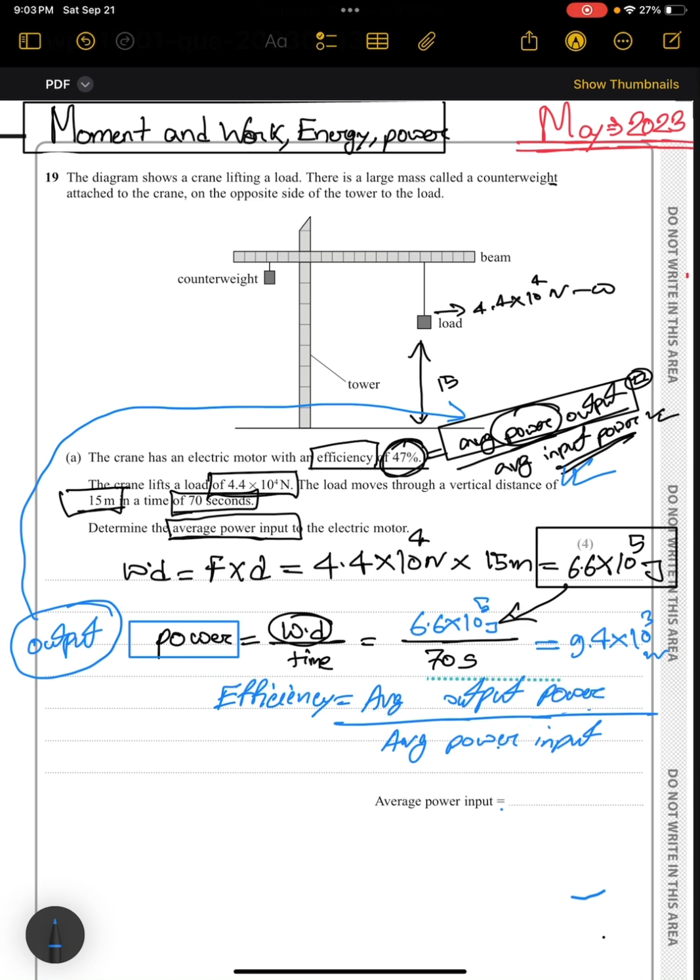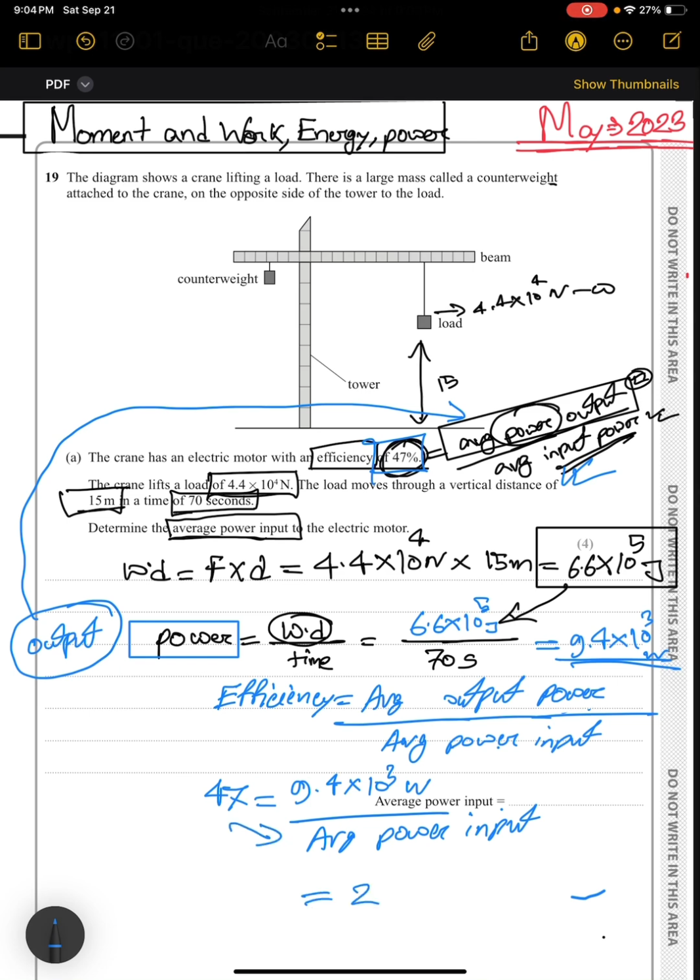The efficiency has been given as 47%, so 47 is equal to the average output power, which we have found as 9.4 into 10 to the power 3 watt, divided by the average power input. By cross multiplying this, the answer will be 2 into 10 to the power 4 watt. Not writing it again, as you are in AS, you have to be able to find out this average power input from these two. That's 2.4 into 10 to the power 4 watt.